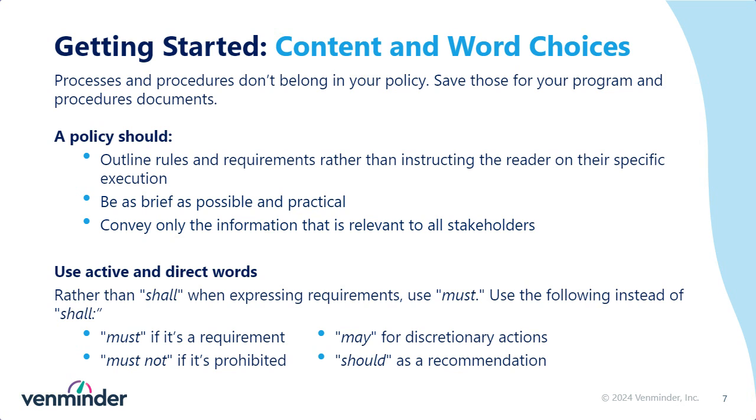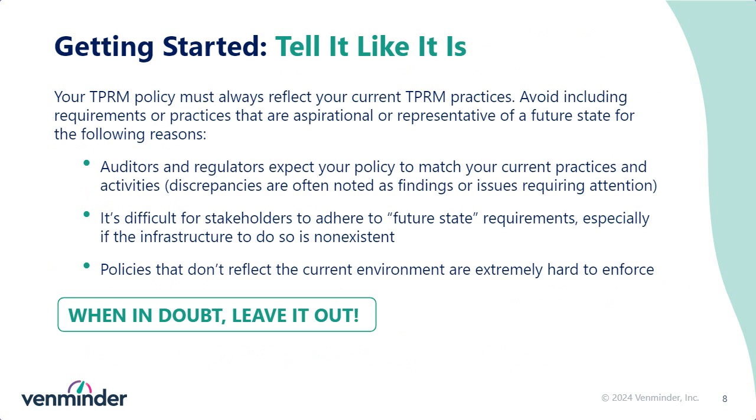One of the most important things to remember about your policy is that it reflects your actual practices. Writing policies from an aspirational point of view is not recommended, because your auditors and regulators expect you to do what you say you do. So if your policy is drastically different from the environment in which stakeholders operate, it's also going to be really hard for them to adhere to it.